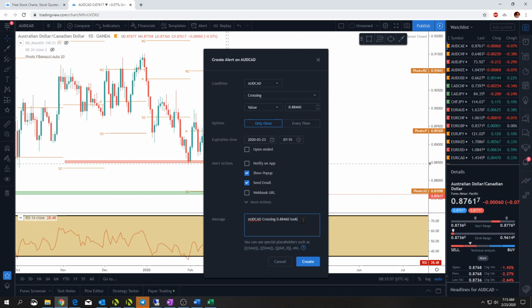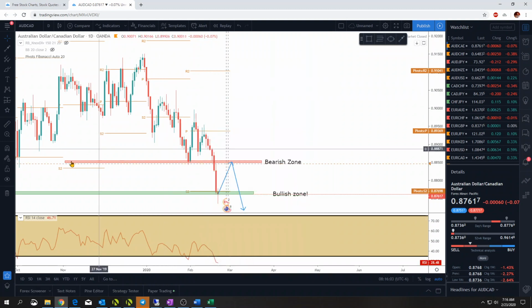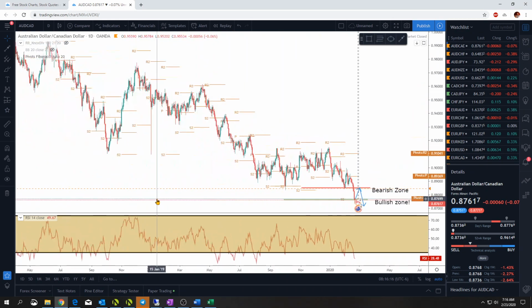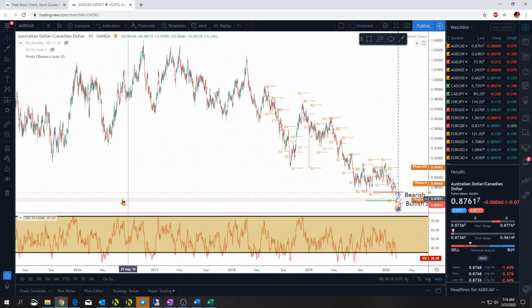Looking to sell. So hopefully you guys can see that. If we get a pullback up here, I want to see what price is doing here. If we respect this former support as new resistance, man, that's a good trade. We are down in no man's land down here though.